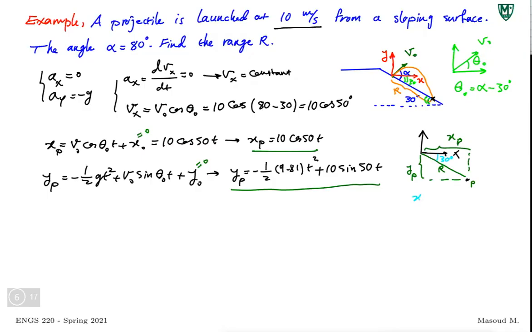So XP, if you look at this triangle right there, how can we write XP as a function of R? So we can write that, right? Exactly, we can write that.